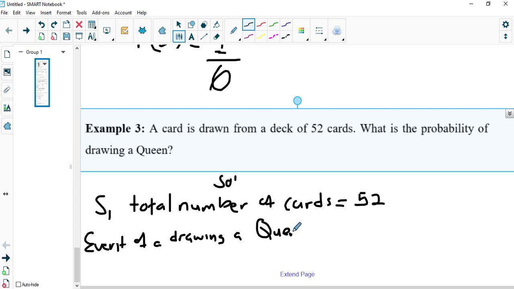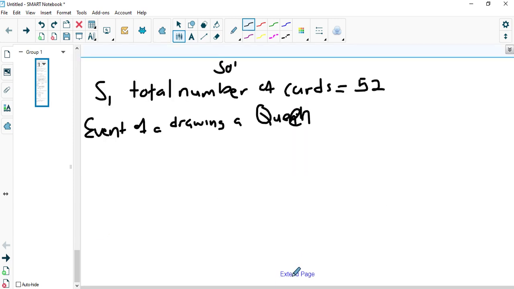From there you determine how many times your event occurs.